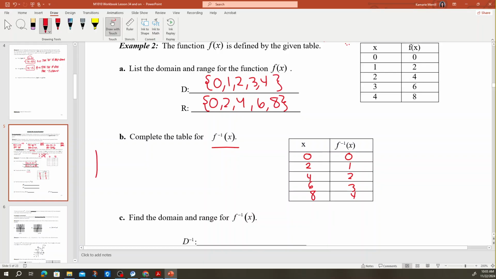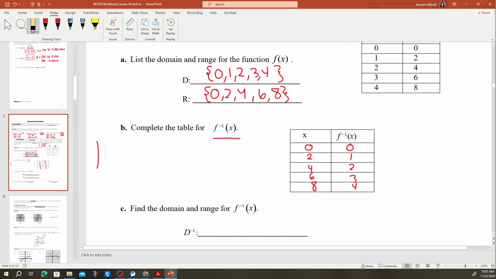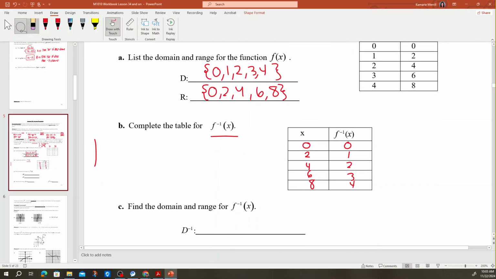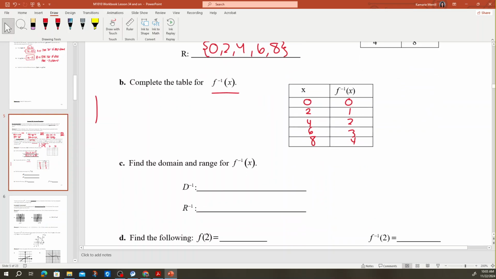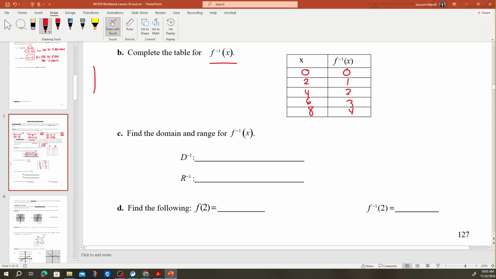When you switch your domain and range, you just swap out that set. Sometimes we'll notate a little superscript -1 on the inverse's domain: 0, 2, 4, 6, 8. And your range is all those values that used to be the domain.